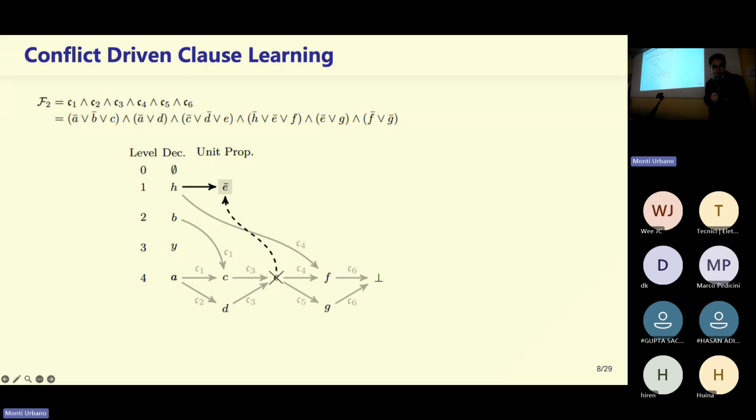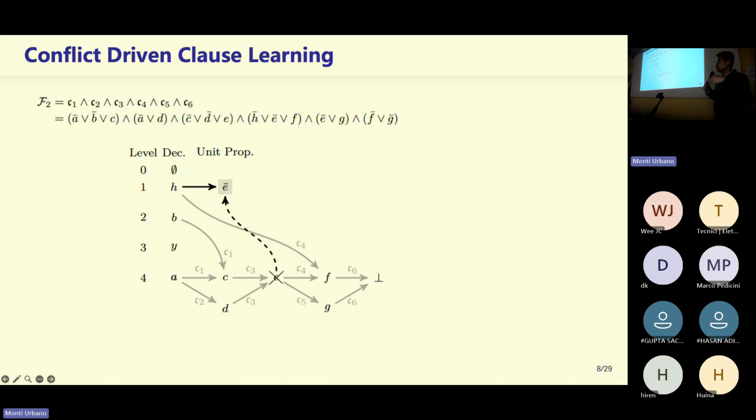Here we have a formula with 6 clauses. And this graph shows how the CDCL solver assigns the variables one by one. We can see here that we have 2 different types of variables. The first type is the roots.